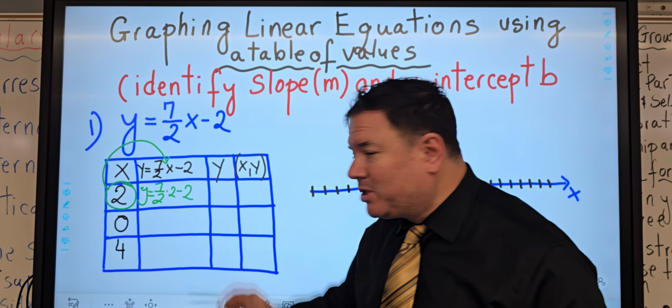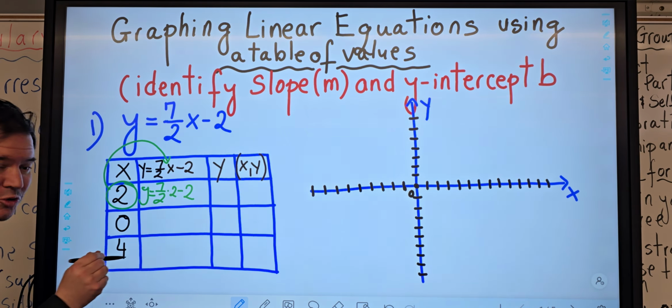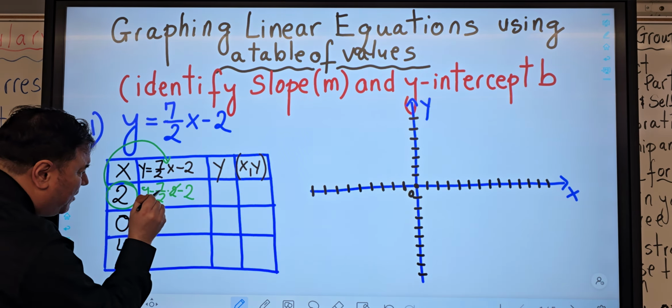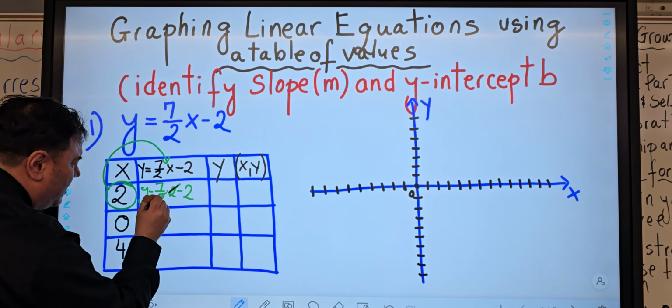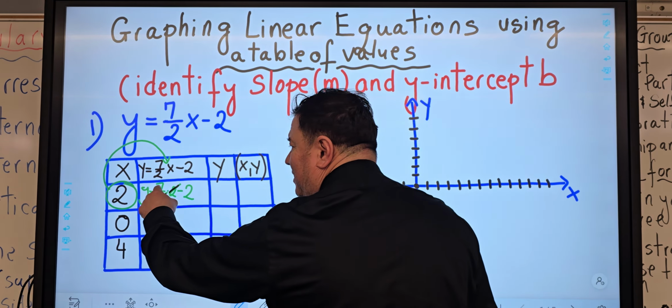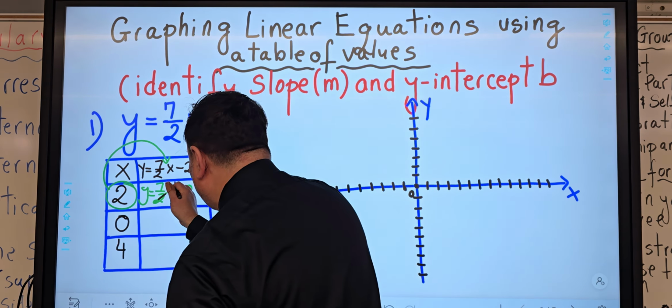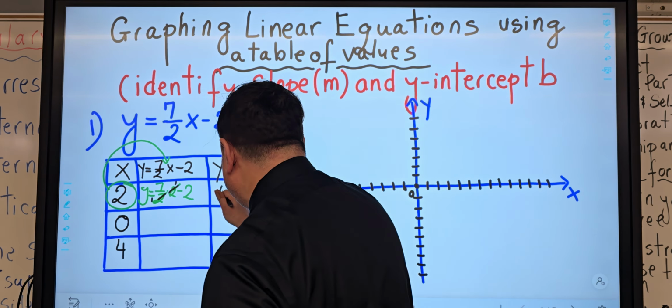Multiplication comes before subtraction. So we simplify this 2 with this 2. These 2s cancel out. On the top we just have 7, and the bottom becomes 1. 7 minus 2 becomes 5.